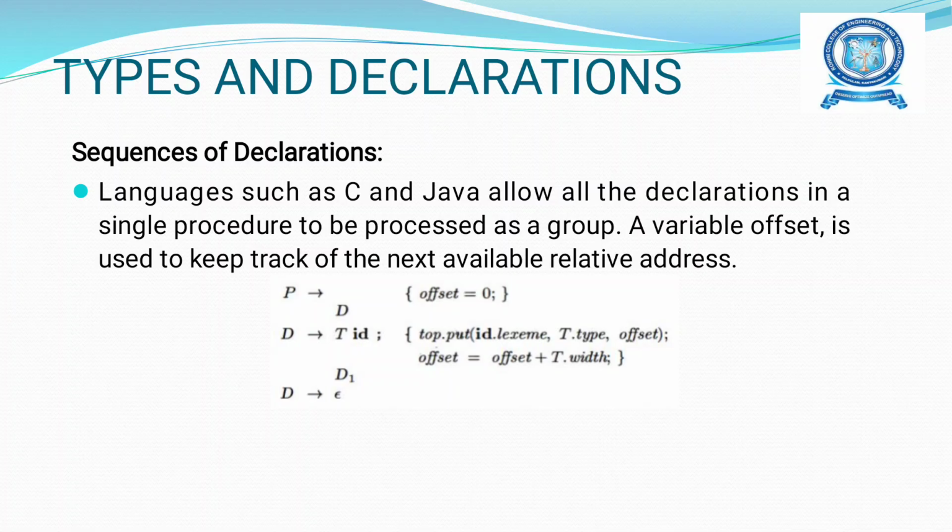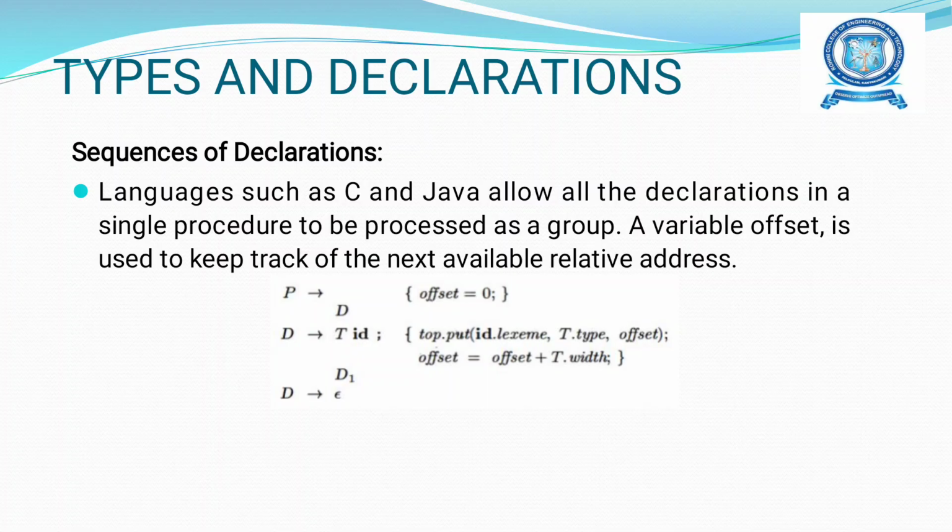The declaration has a data type and an identifier. The identifier is entered into the symbol table with the corresponding lexeme value, the data type, and its offset value. Then the offset is incremented by the width of that variable.